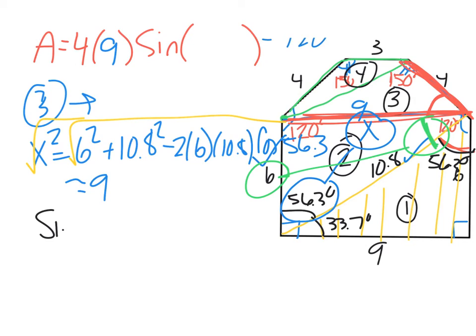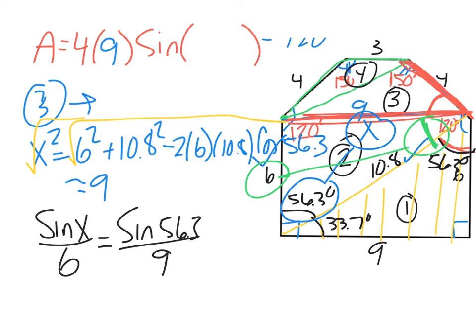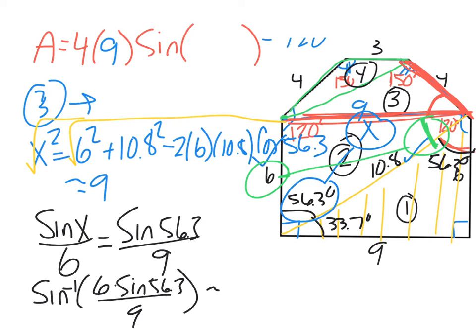I'm just going to call it the sine of angle x over 6 equals the sine of 56.3 over 9. If we solve this one, we're going to do inverse sine of 6 times the sine of 56.3 over 9.